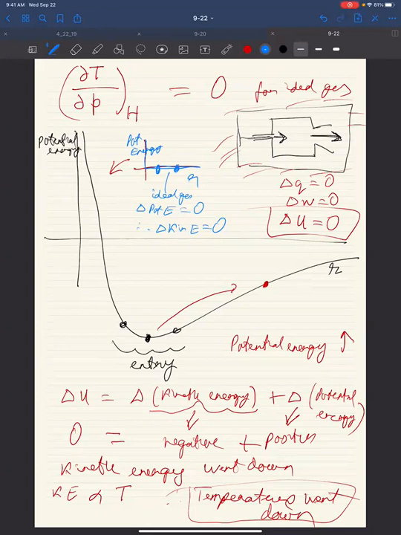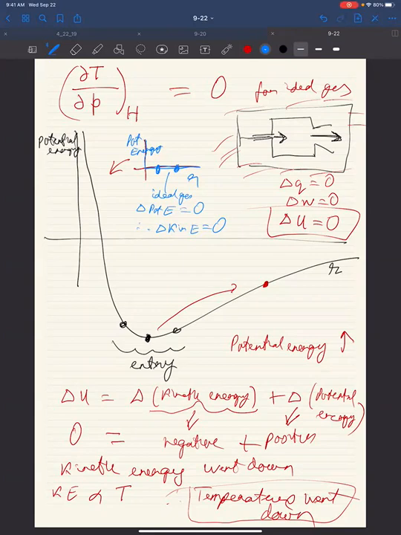So this can be confusing because what are we talking about? Are we talking about delta P as P final minus P initial, or P initial minus P final, right? P initial is more than P final. The kinetic energy went down.